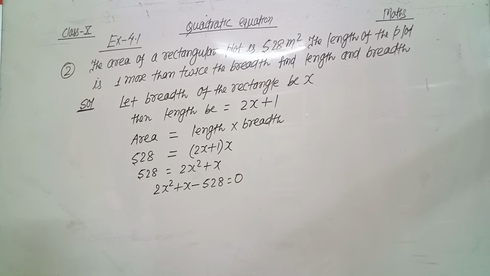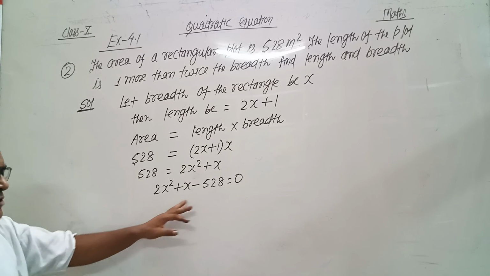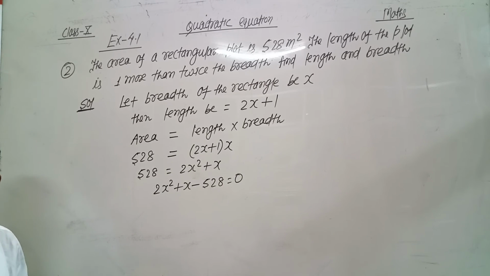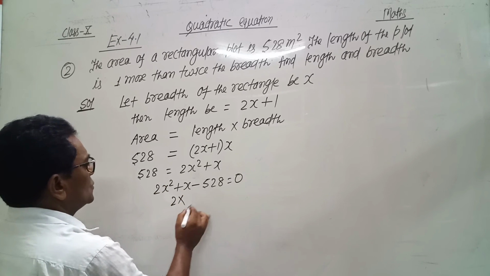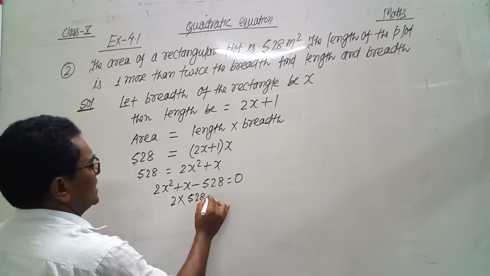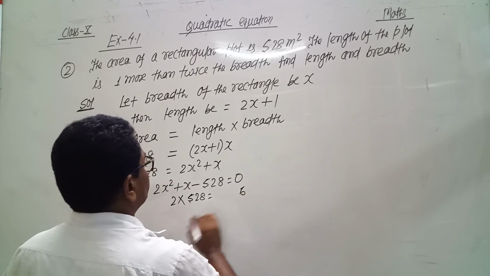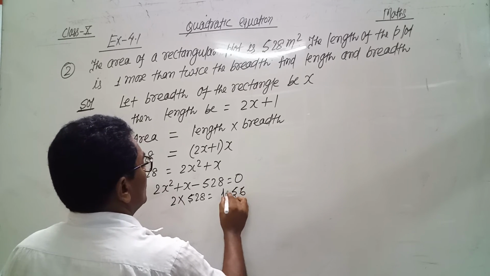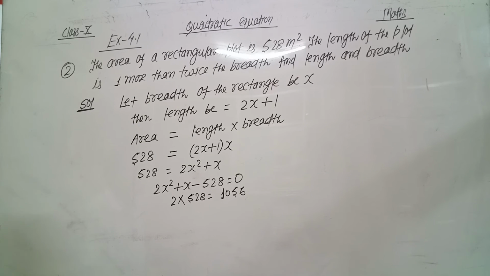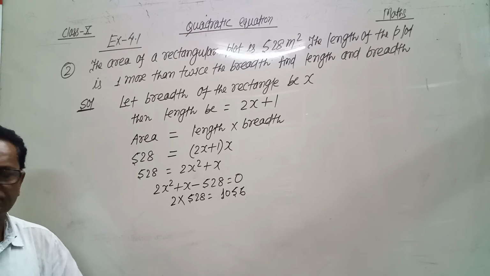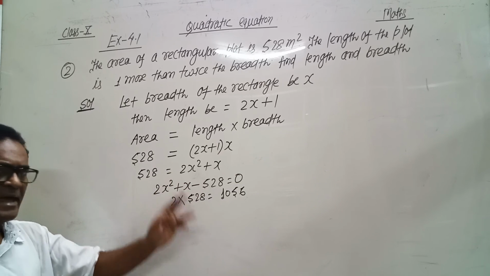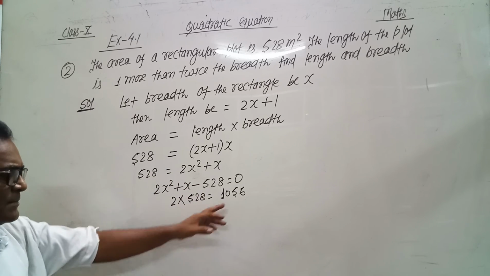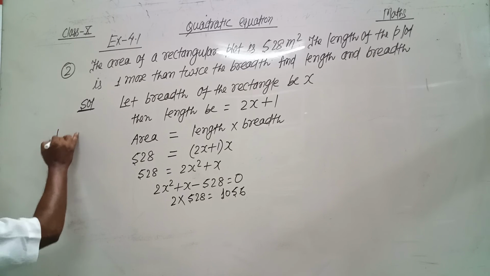We will solve by splitting the middle term. The coefficient of x square is 2, and the constant term is 528, which gives 1056. We have to make the factors of 1056 and choose two values whose difference should be 1, the coefficient of x, and whose multiplication should be 1056.